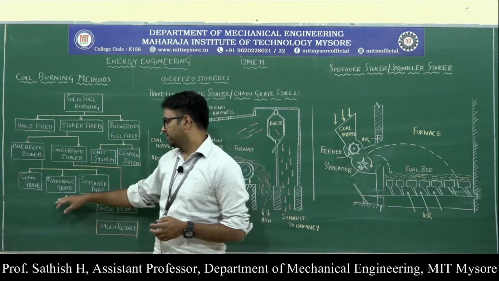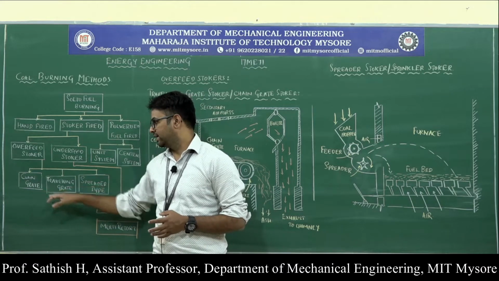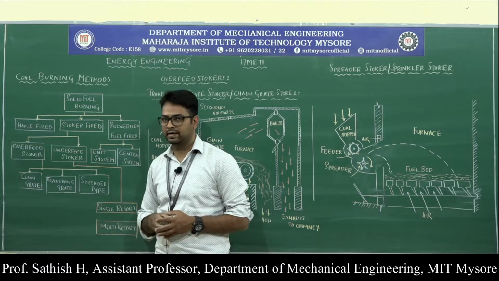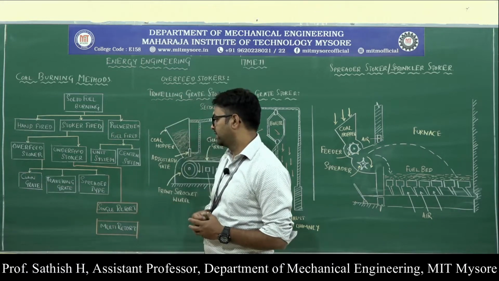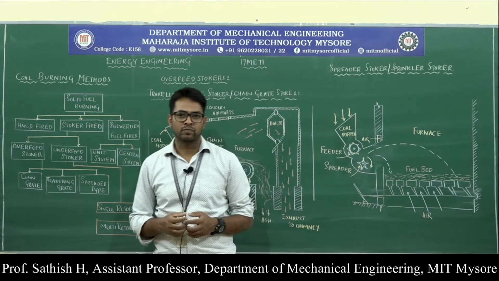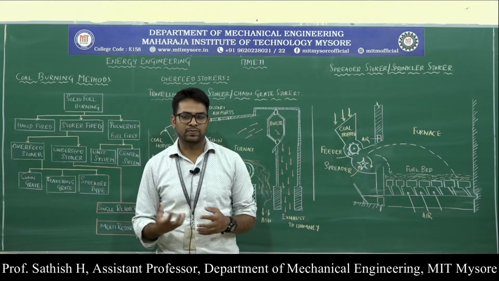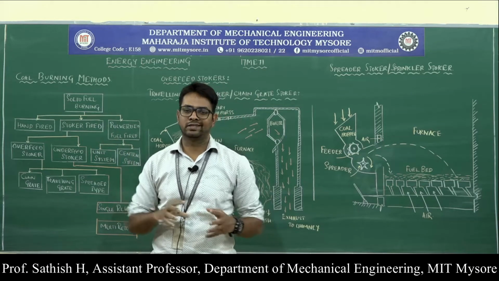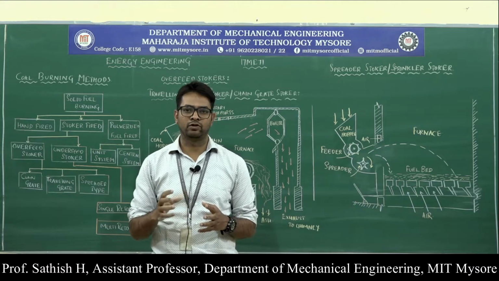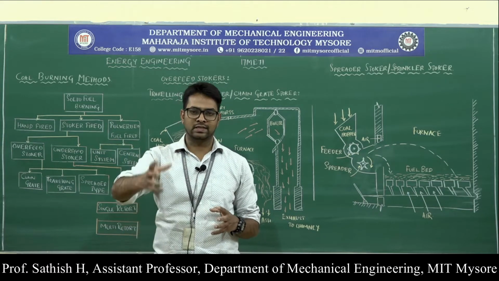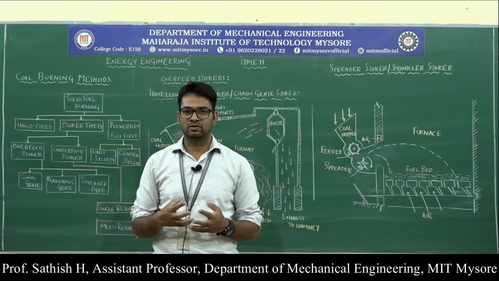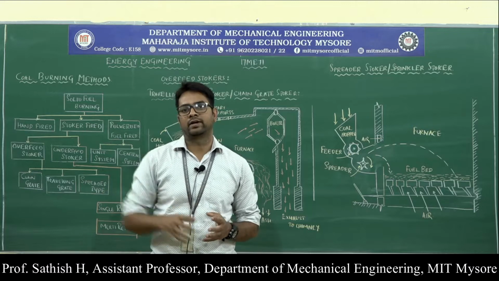Then we have a traveling grate, where there is not much difference between the chain grate and the traveling grate. And then we have a spreader type, where a spreader helps to distribute the solid fuel, the coal, uniformly over the grate where we are going to burn it.